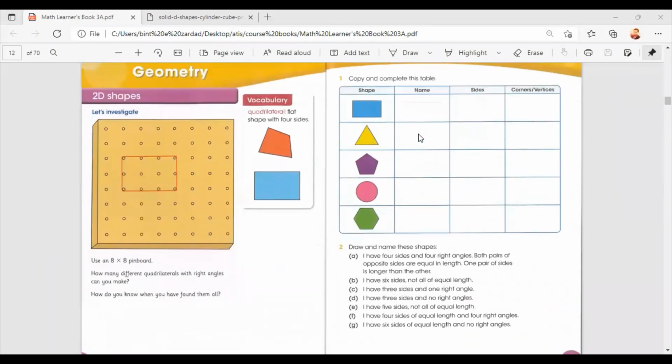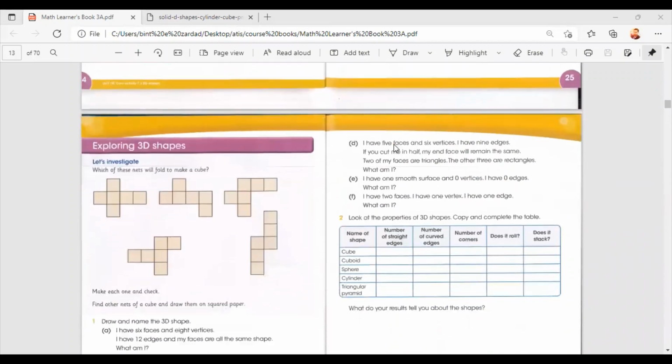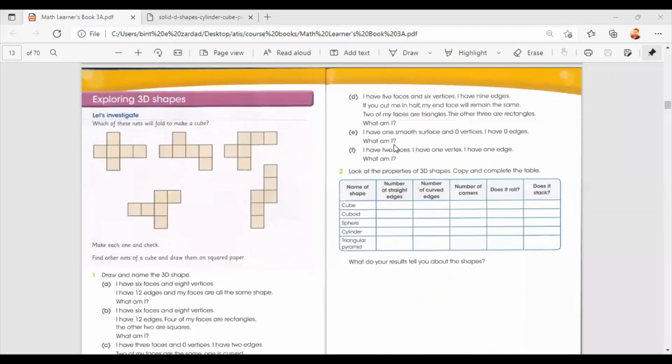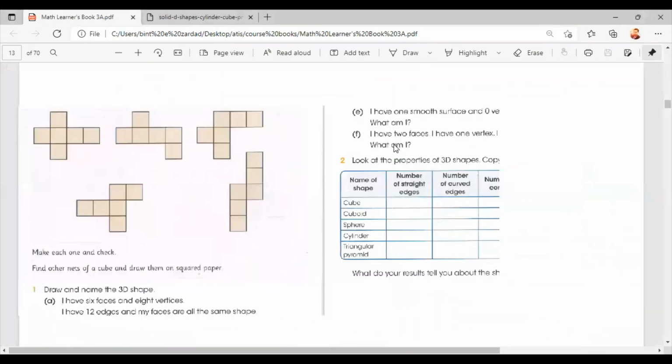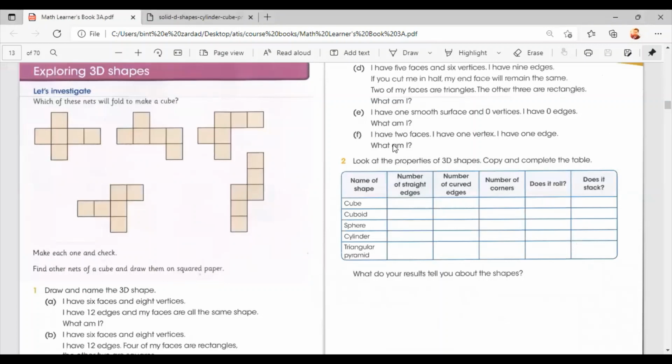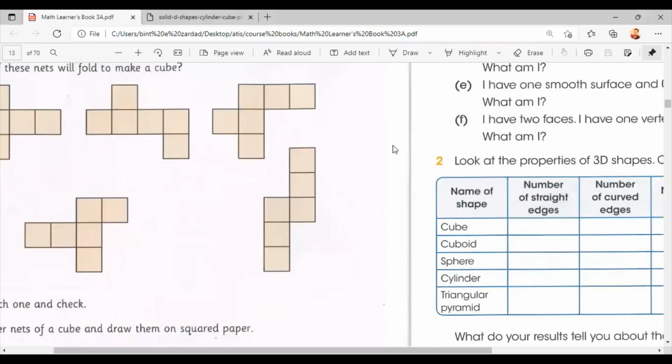Last time I started geometry and discussed 2D shapes. Let's continue with 3D shapes. Question number 1. Let's investigate which of these nets will fold to make a cube.